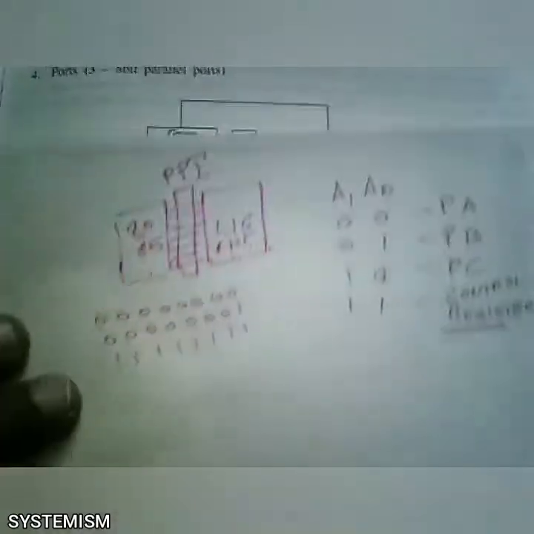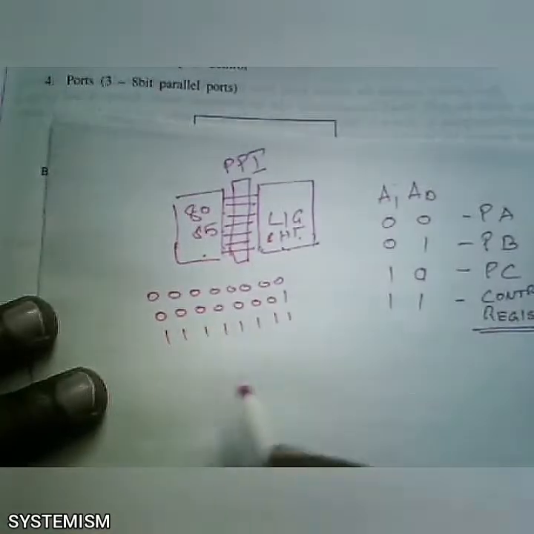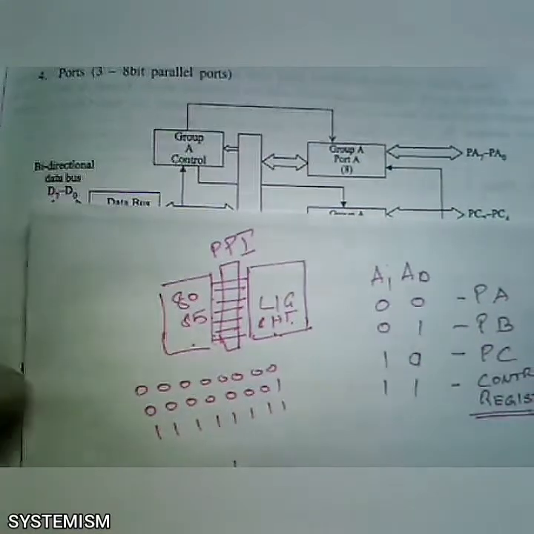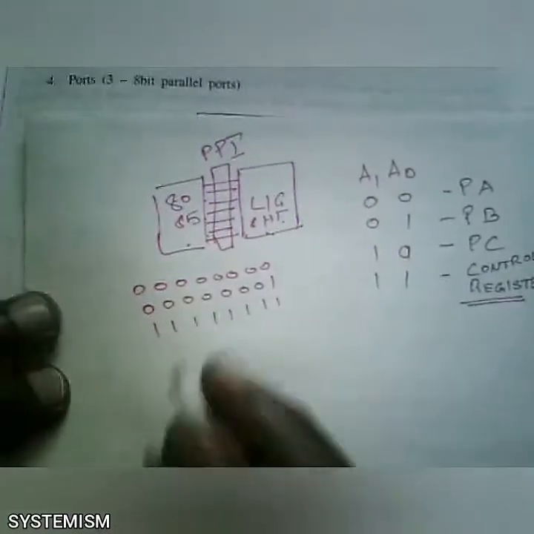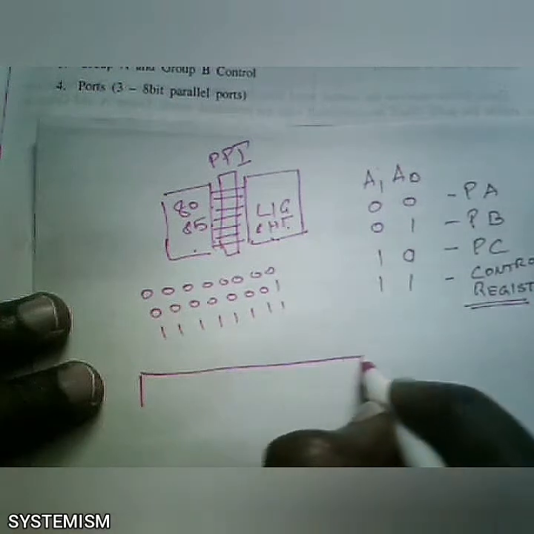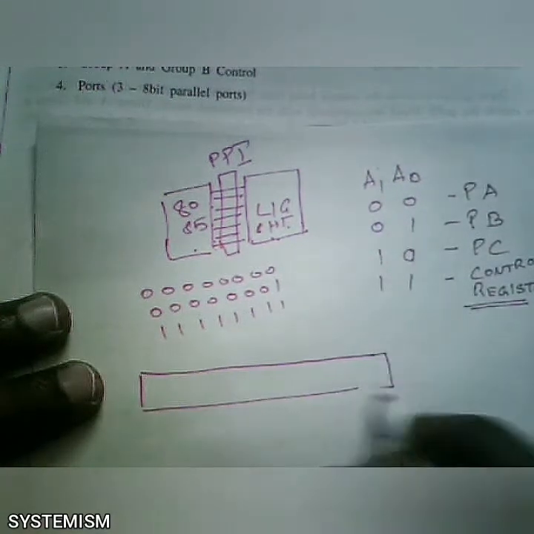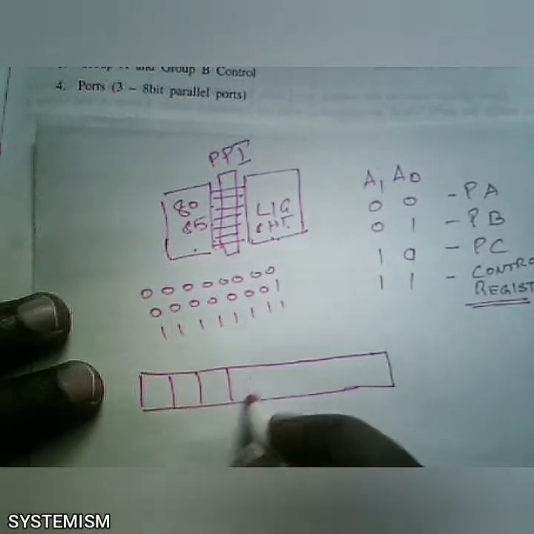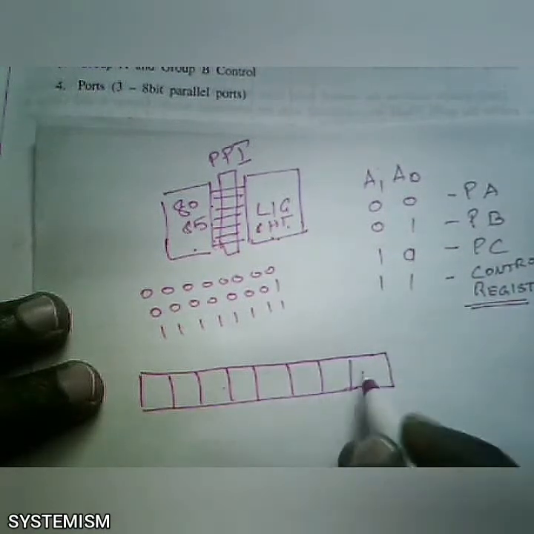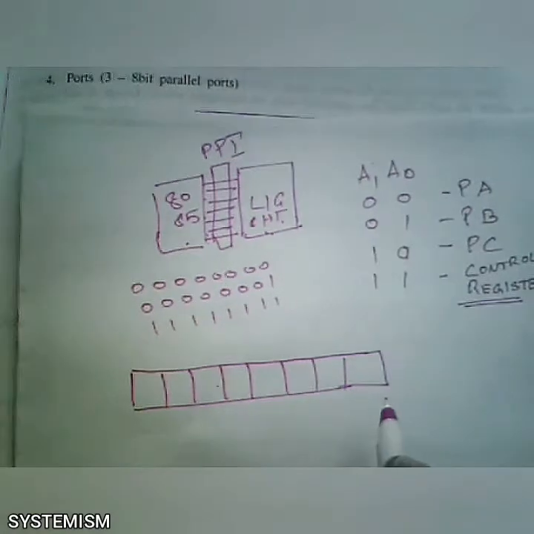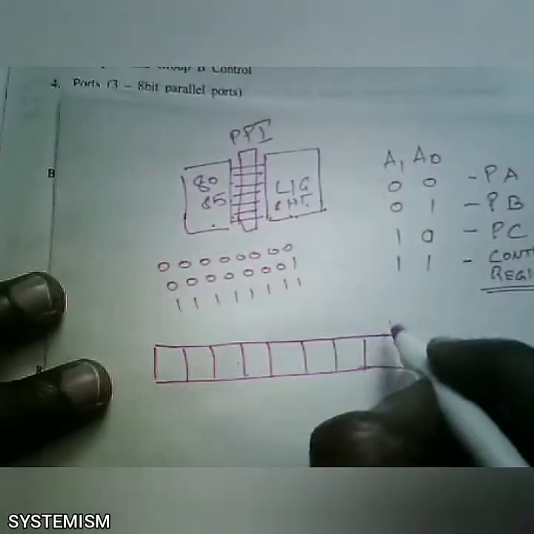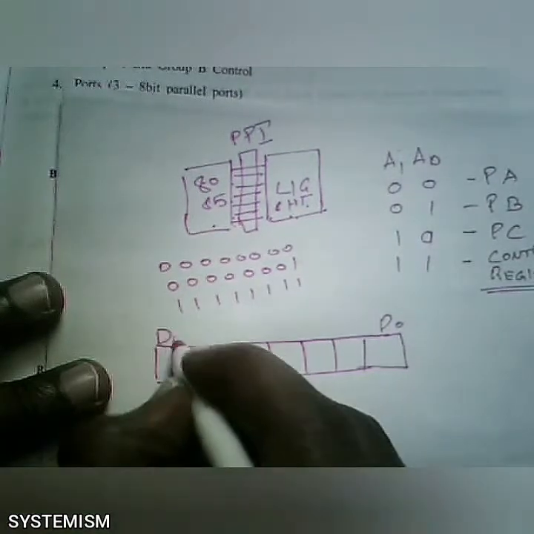So how to assign this and how to use this? There is a control register inside the 8255. It is an 8-bit register inside your 8255, and by means of this you can control the 8255. It goes from D0 to D7.